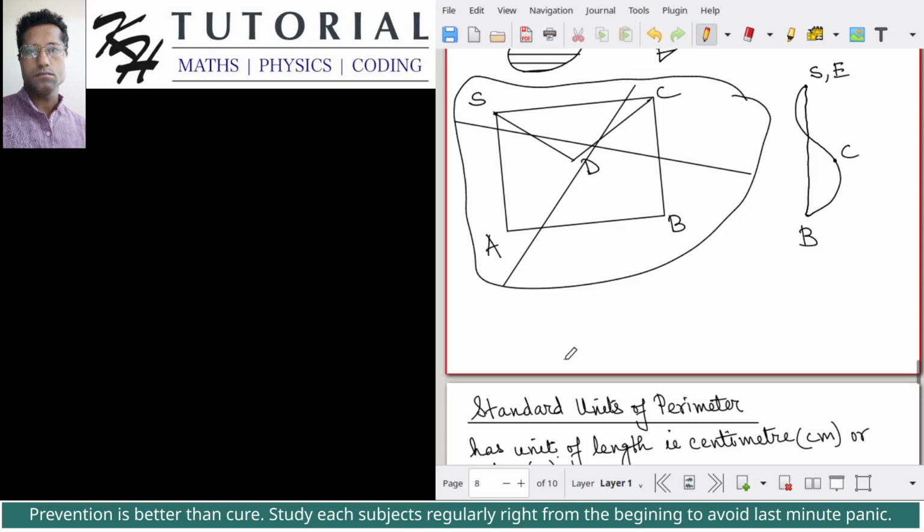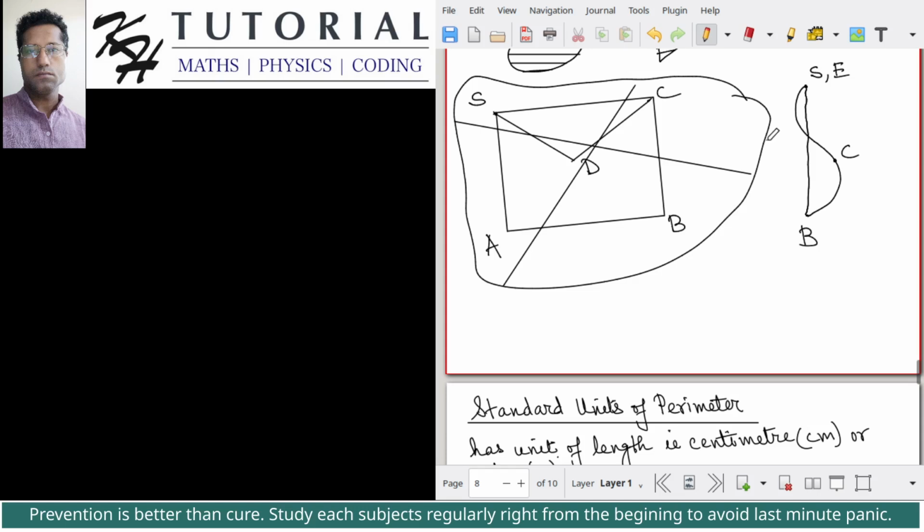This figure is definitely not a rectilinear figure, because it is not formed by only line segments, but it is a closed figure as the starting point and the end point are the same. A region enclosed is only meaningful for a closed figure.